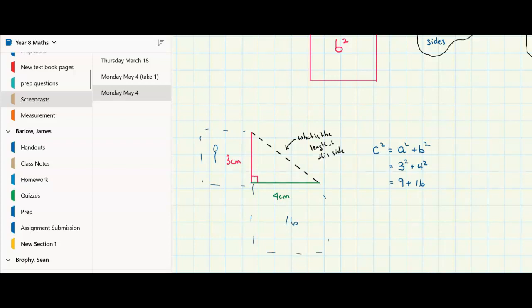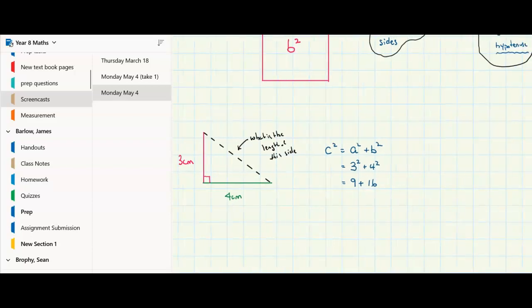And we could put that 9 and that 16, and we could plonk it on this square here. That was what you just saw. That was the proof of Pythagoras, and that's what we're using right here. So 9 plus 16, that's 25. So what that means is that this square on c is 25 centimeters squared.